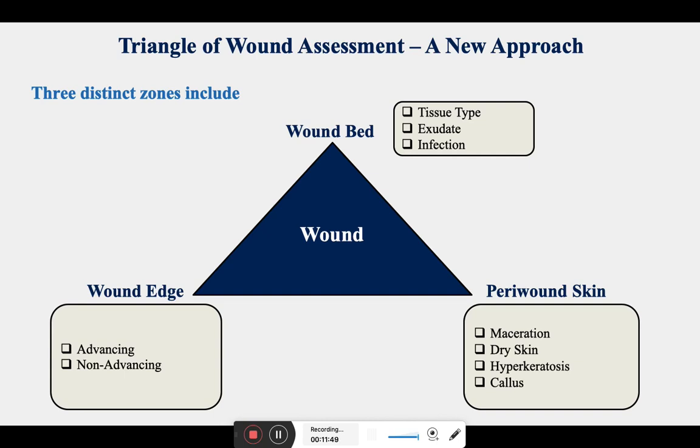First is the wound bed, which includes tissue type, exudate, and infection. Then the wound edge, whether it is advancing or non-advancing. Then the peri-wound skin, whether there is maceration or dry skin or hyperkeratosis. Hyperkeratosis means hard skin, or there is a callus formation.